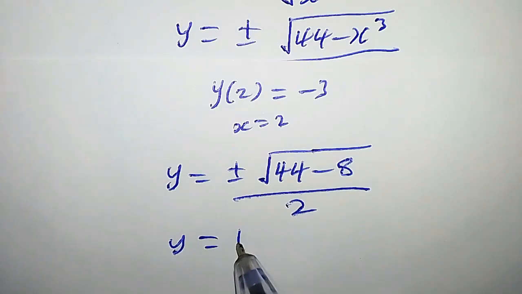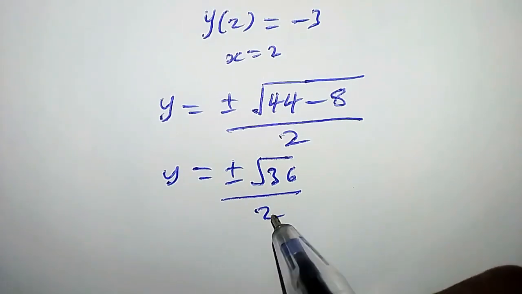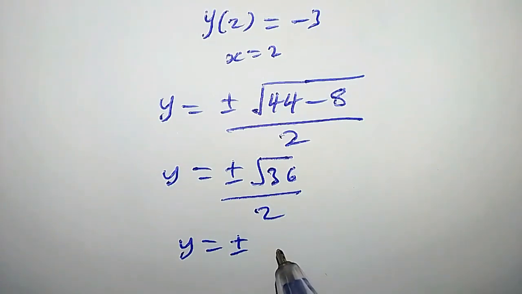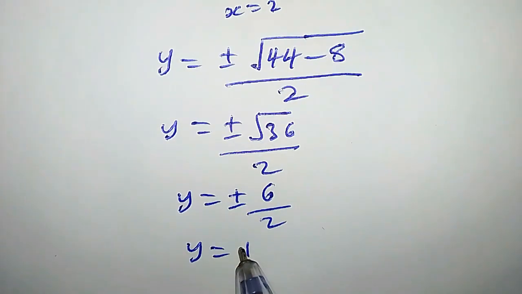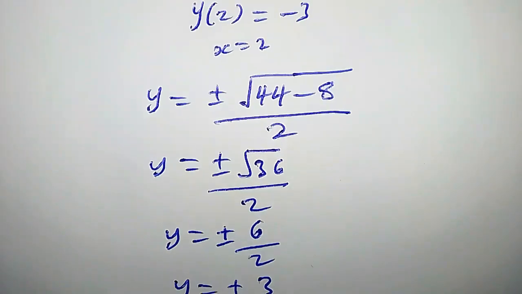Y equal to plus or minus square root of 36 divided by 2. Y equal to plus or minus 6 divided by 2. So y equal to plus or minus 3. It is obvious there are 2 solutions for y here, plus or minus 3.